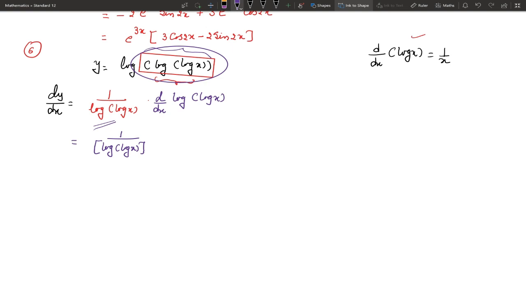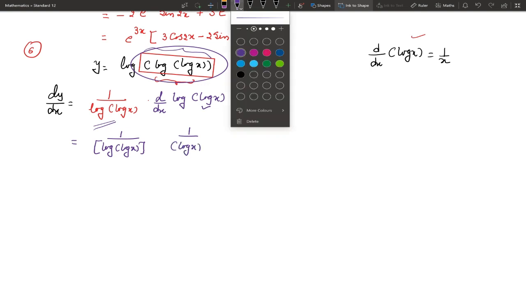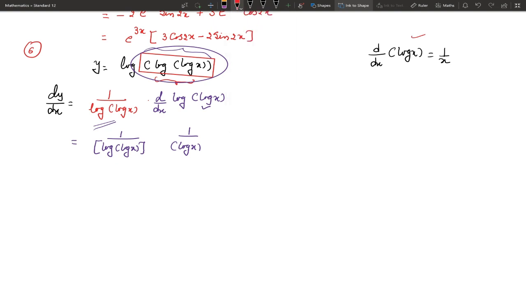Now again, first here we have to use d by dx of log x. So it is 1 upon x. So using this formula, it is 1 upon log x. But now you can observe inside it is a function of x. So by chain rule, d by dx of log x.